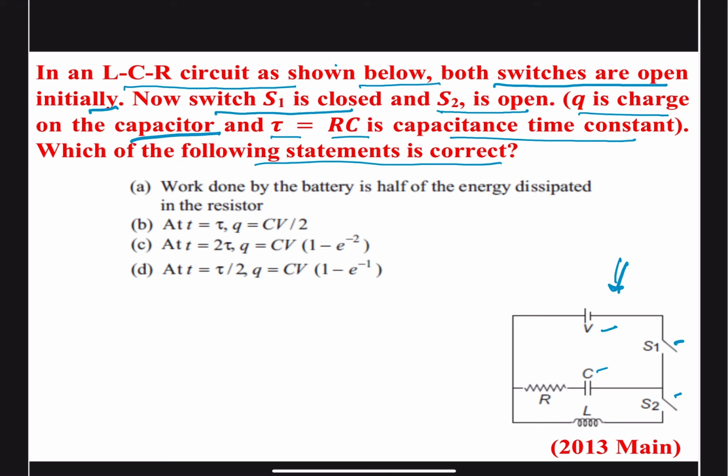And as soon as the switch S1 is closed, the capacitor is going to charge through the resistance, whereas S2 is still open. Therefore there is no participation of the inductor in the entire circuit. And basically we are going to find out the equation of the capacitor charge.